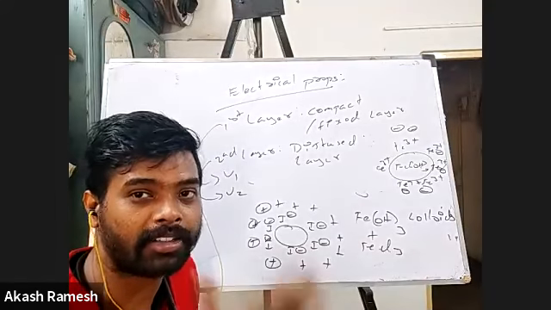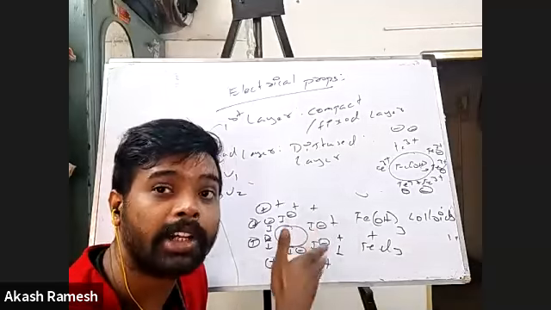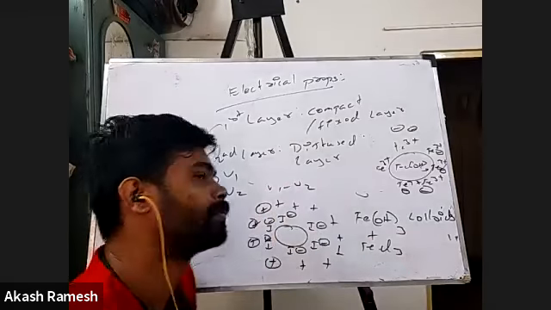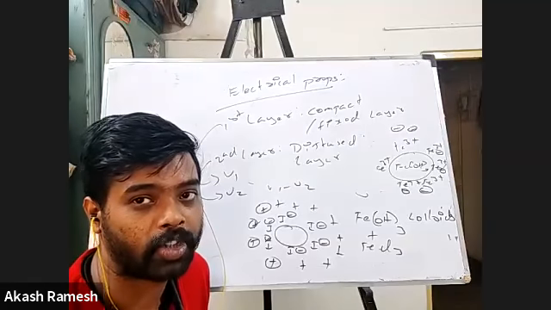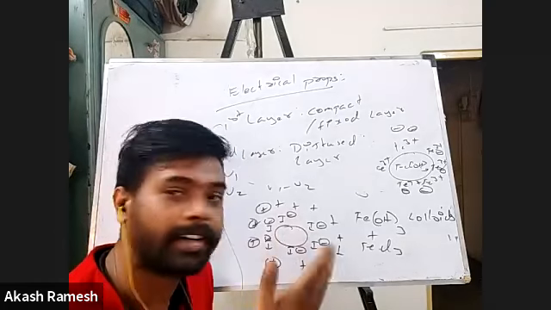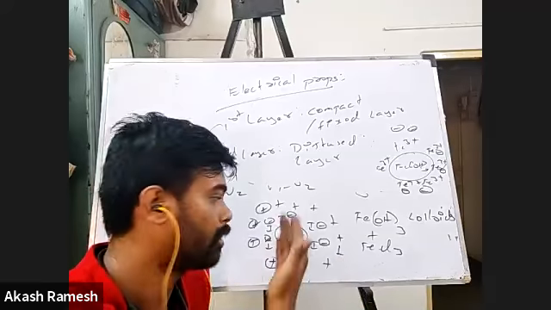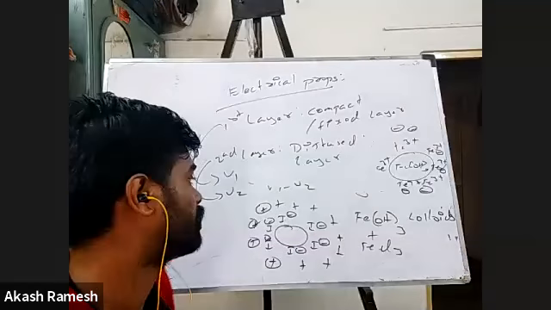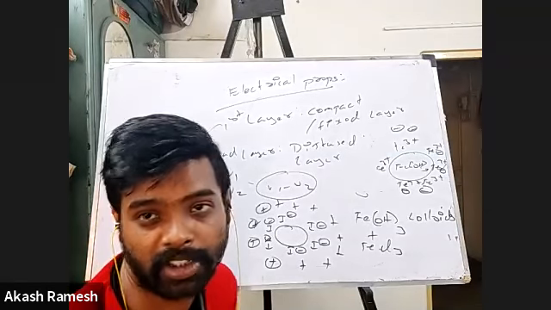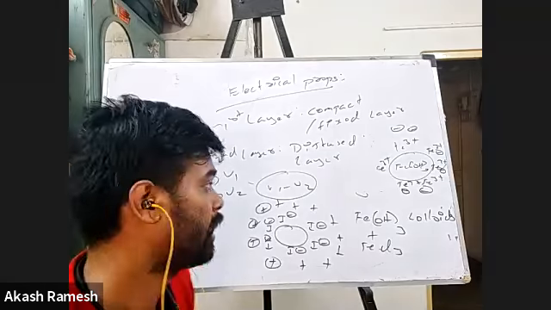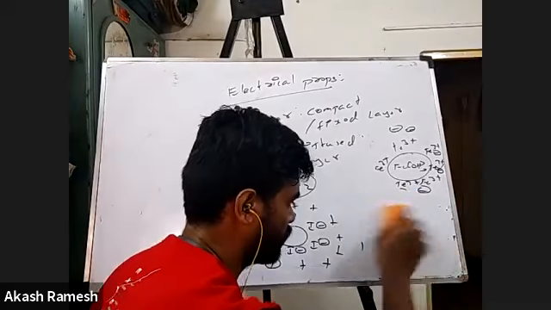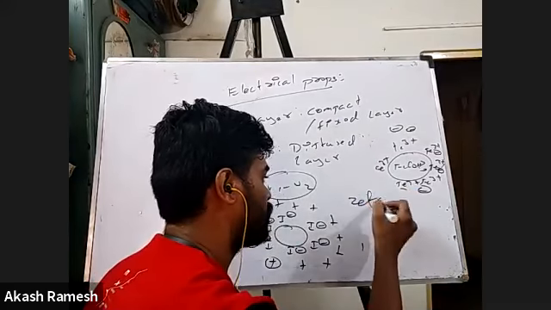So there is going to be some potential difference between the first layer and the second layer. I'm talking about V1 minus V2. The first layer has some potential, the second layer has some potential, so there is definitely going to be a potential difference between them. This potential difference developed between the fixed layer and the diffused layer is a technical term you have to know: it is called zeta potential.